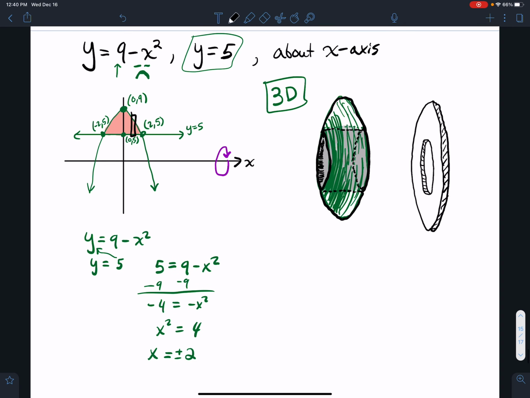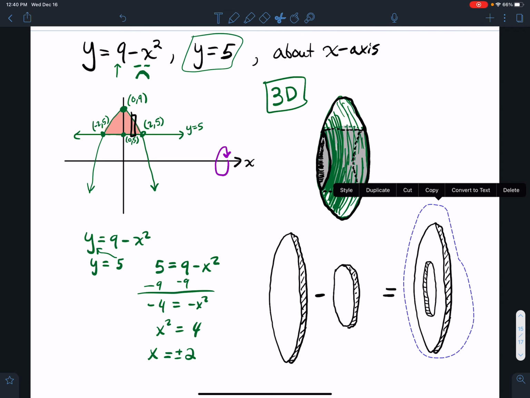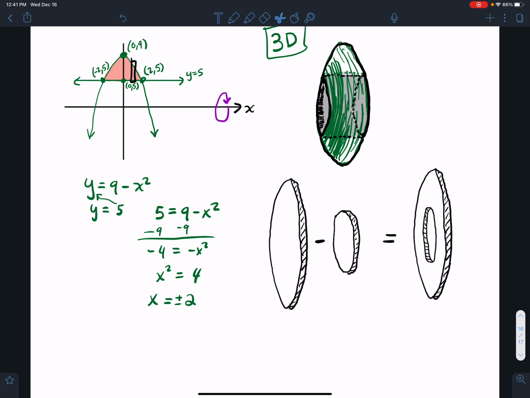Now, how do we figure this out? How do we figure out how to get the washer? What I like to do is I like to calculate the big one, and then I like to calculate the little one, and then I subtract the two, and that gets me that one there.